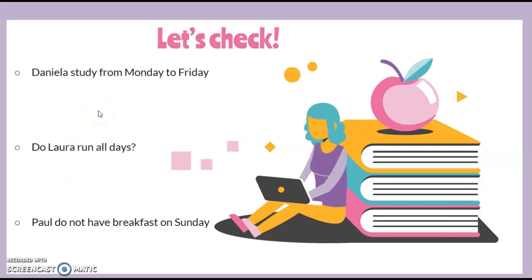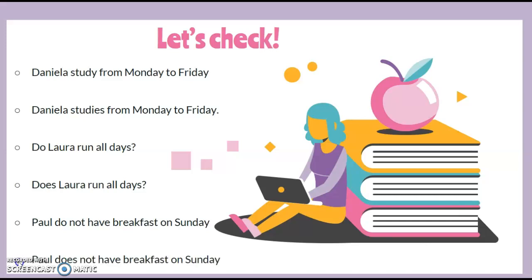Okay, if you were thinking about Daniela studies from Monday to Friday, you were right. In the second one, if you were thinking about Does Laura run all days, you were right. In the last one, if you had Paul does not have breakfast on Sunday, you were right.